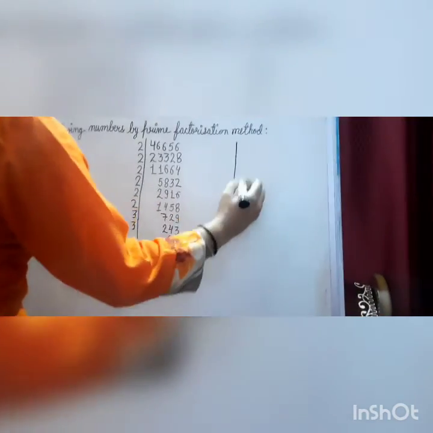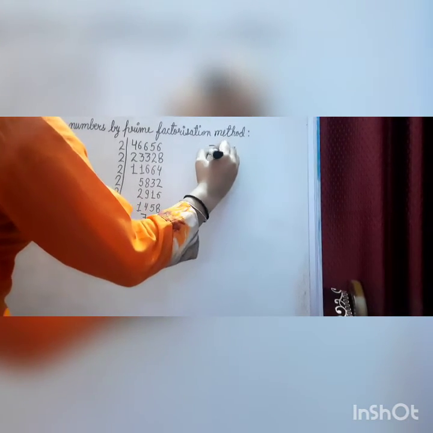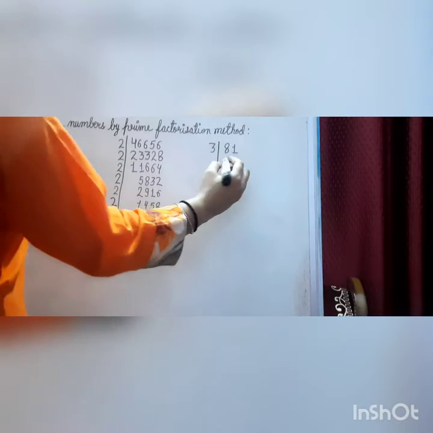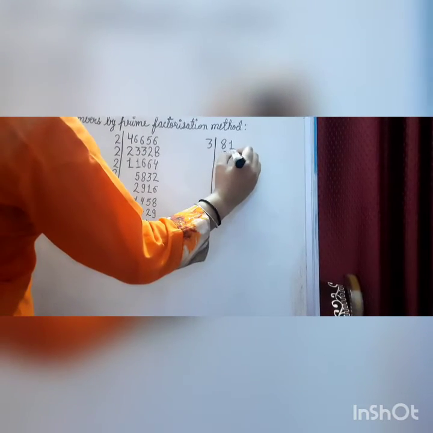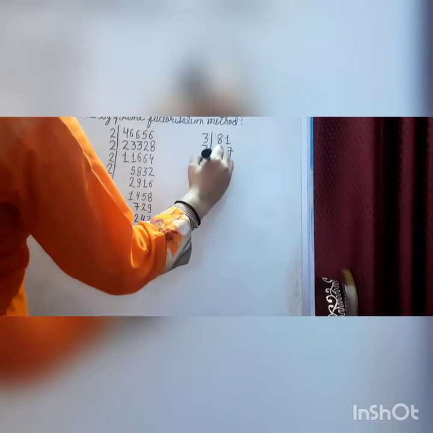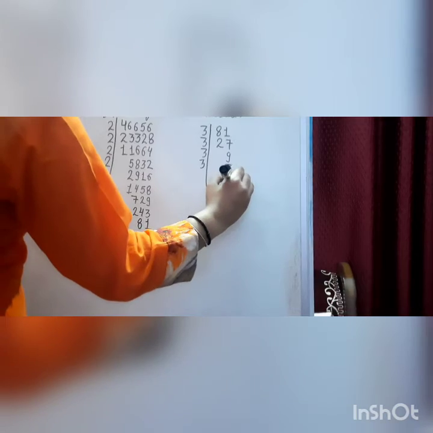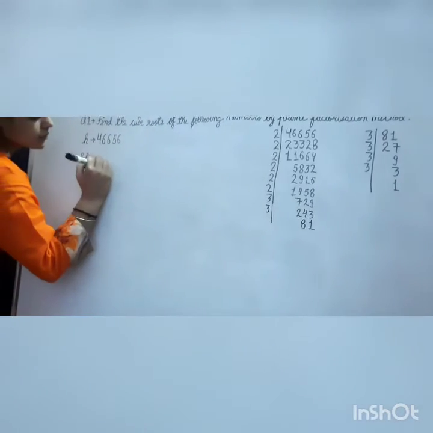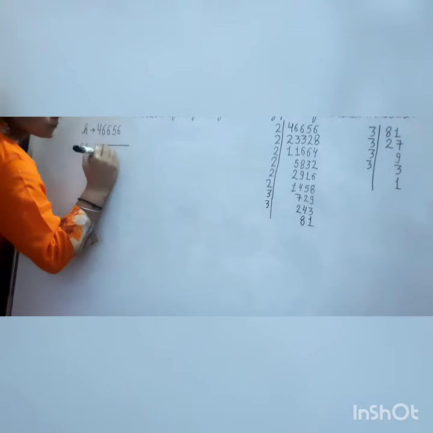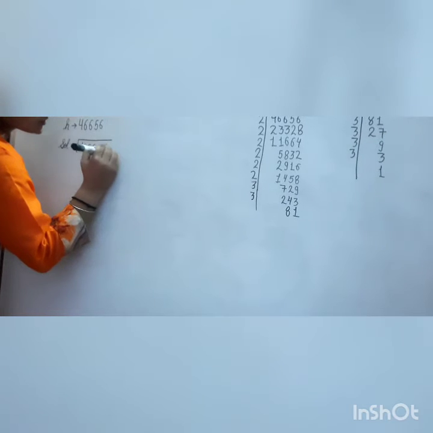I am solving this here, okay? 3 twos are 6, 3 sevens are 21. Again 3, 3 nines are 27. Again 3, 3 threes are 9. Again 3, 3 ones are 3. Okay class? Now you have to write here 46,656.